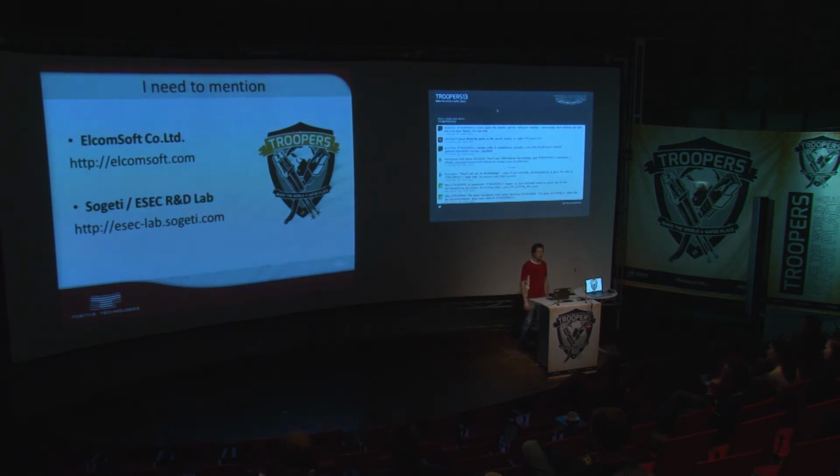And I need to mention Elcomsoft, the company I formerly worked for; part of this research was performed during my employment at Elcomsoft in cooperation with Andrei Belenko. I also need to mention the guys from Sogeti. They did excellent research at almost the same time as Andrei and me last summer, and they published their results.